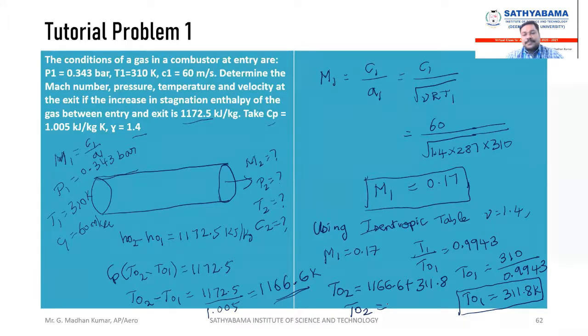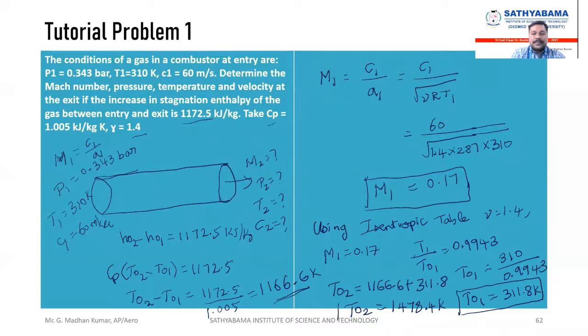What is T02? Yes, it was about 1478.4, right? So 1478.4. Okay. So this is your T02 value.